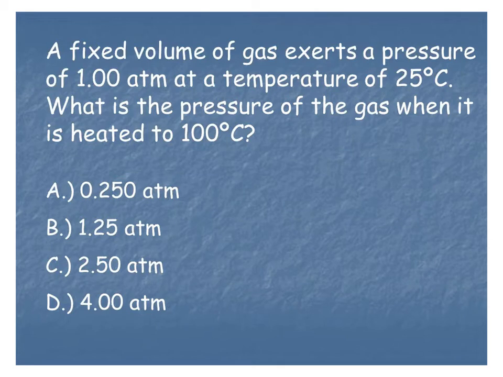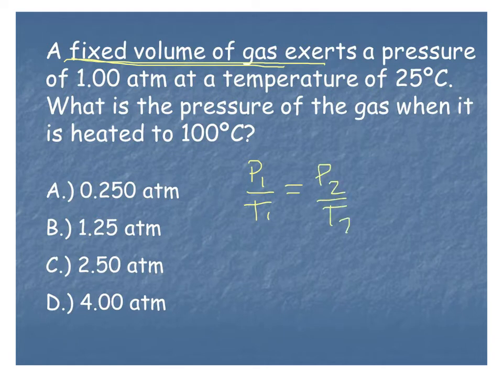So if a fixed volume of gas exerts a pressure of 1 atmosphere at a temperature of 25 C, what is the pressure of the gas when it's heated to 100 degrees C? So again, we have a fixed volume. Every time you see fixed volume and variables of P and T, you're going to think Gay-Lussac's law. And so we're always going to write the equation P1 over T1 equals P2 over T2.